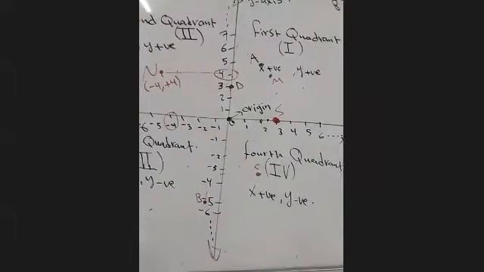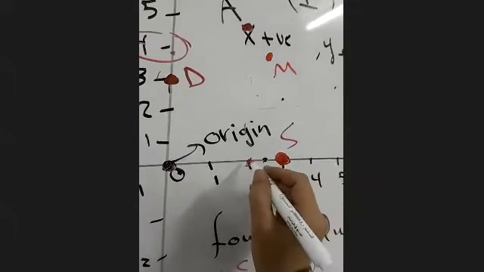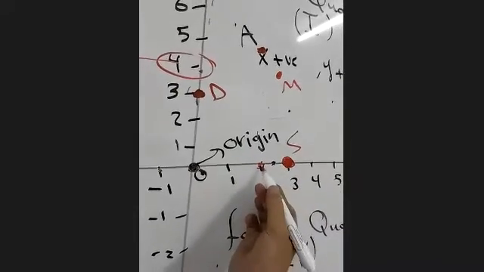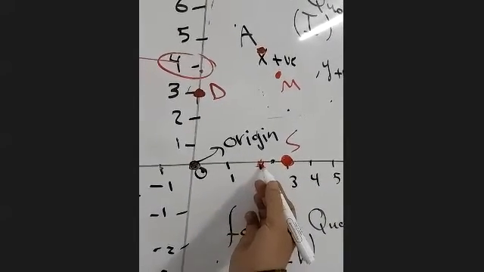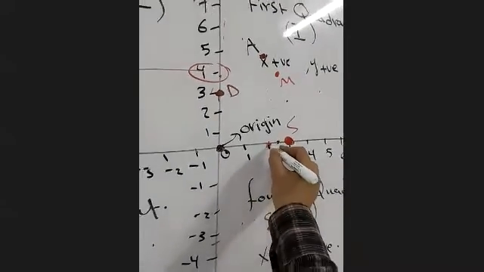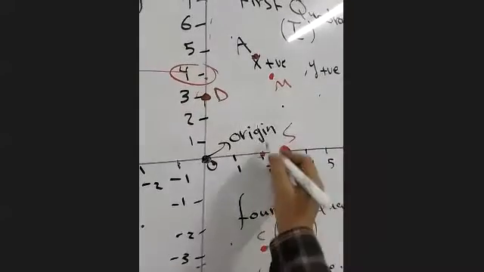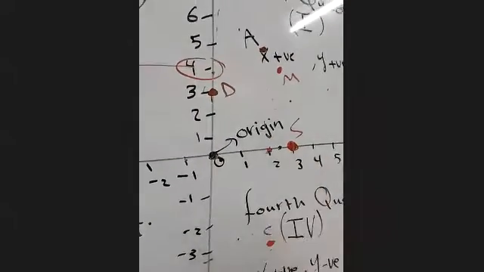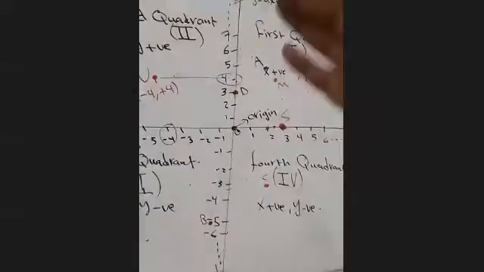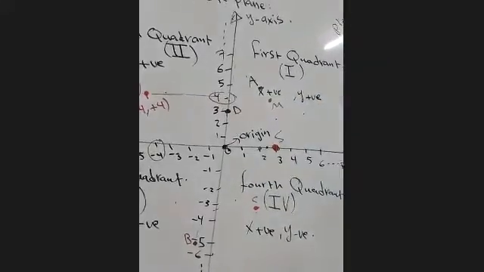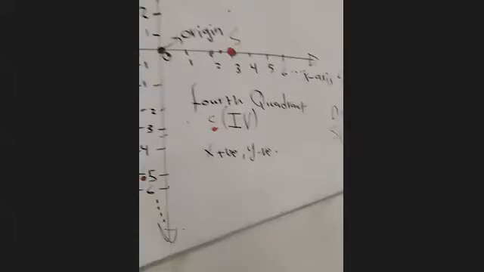So I will go from 2, from 2 we start, right? Up or down? Up. We have positive 5. I will go up until I have the 5. So up or down: if y is positive we go up, if y is negative we go down. It's an easy one, don't worry.